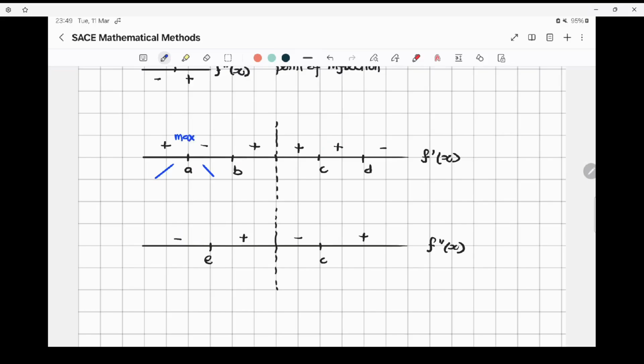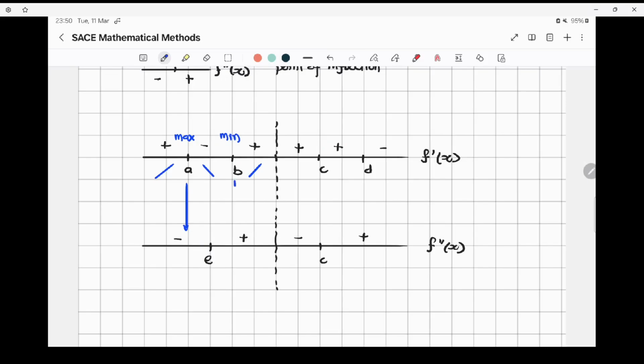So then the second one, between A and B, you have minus, and then between B and your vertical asymptote, you have plus. So this B has to be a minimum. So in fact, if you go to your f double prime, just now I mentioned that for your maximum point, your f double prime has to be smaller than 0, which is why it lands on the negative region for your f double prime.